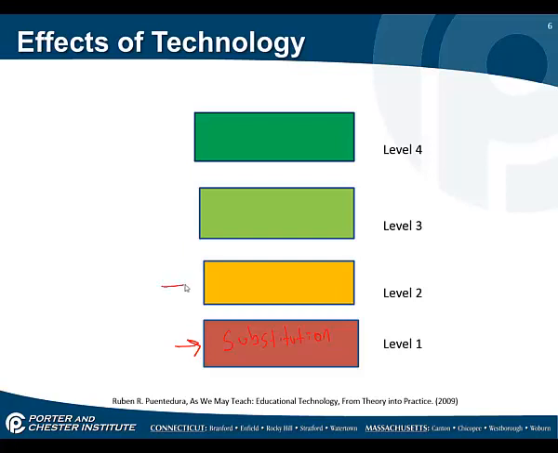In our second level, augmentation. And don't worry, we'll go into what this all means. In our third level, we have modification. And in our fourth level, we have redefinition.